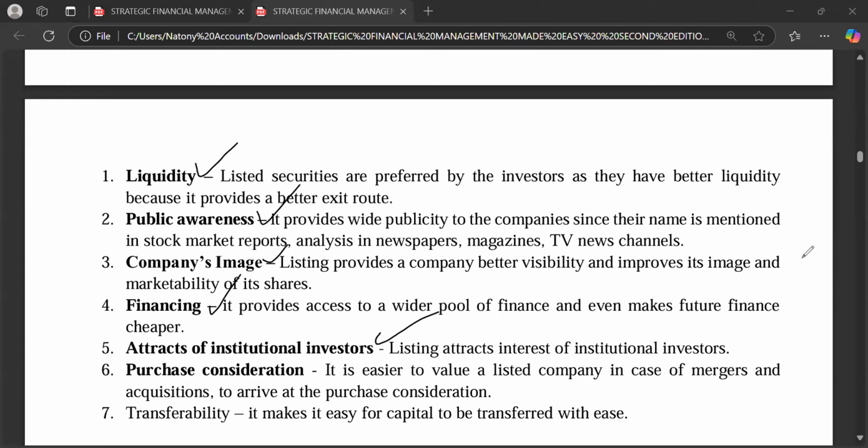There is also purchase consideration: since the company is public, it is easy to value because its shares trade on the exchange, so indices will be available. Then transferability is easier for shares in a public company than a private company.